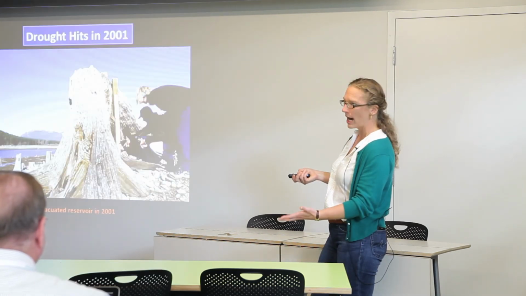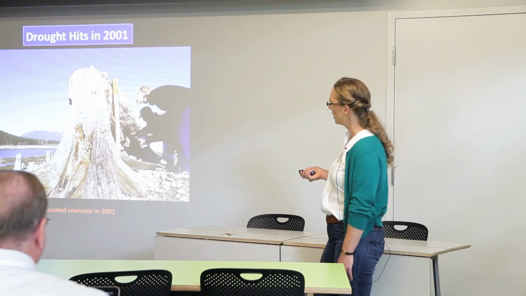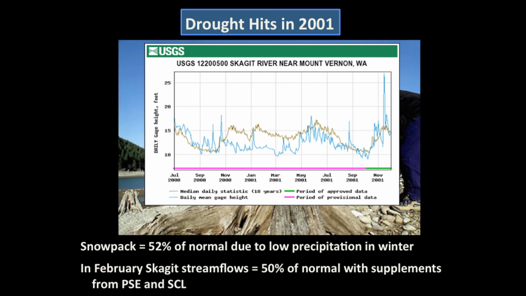But there are adaptation options. The drought of 2001, this is an excavated reservoir. These are the 18-year average flows for the Skagit River, this brown line, and these are the observed flows during 2001.